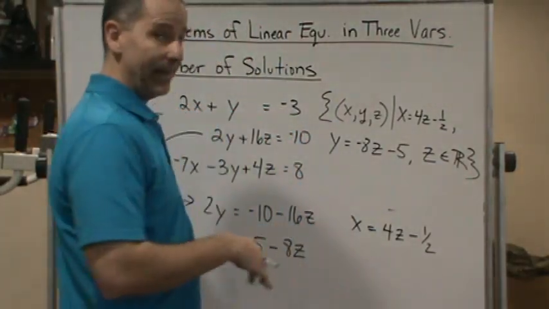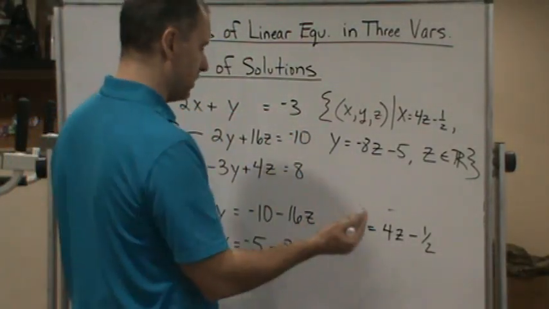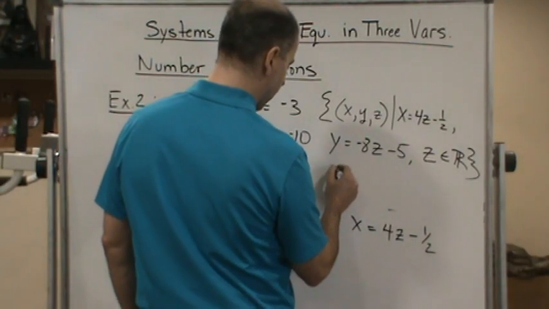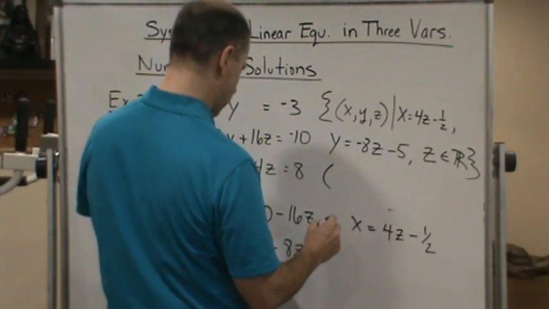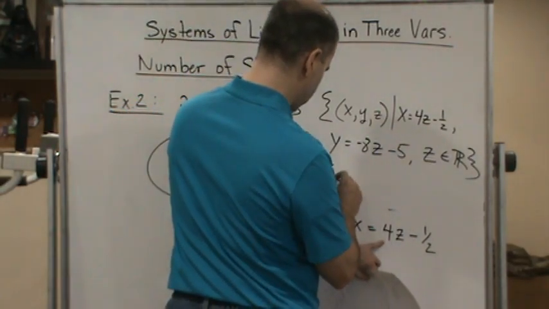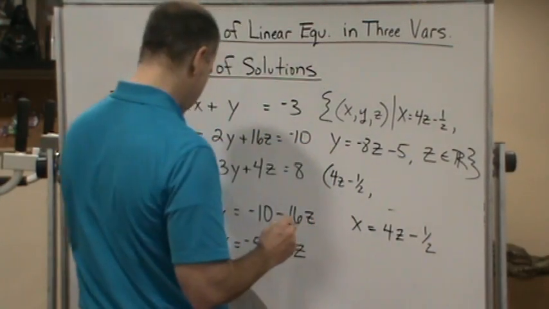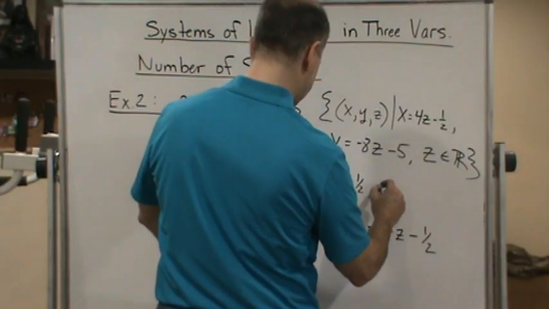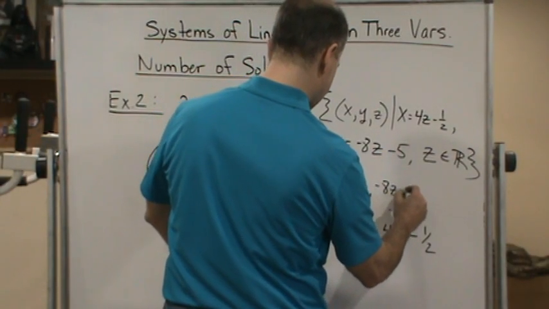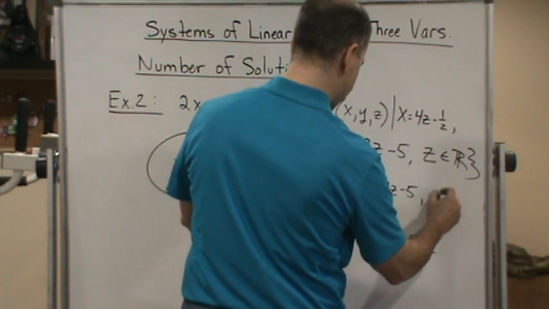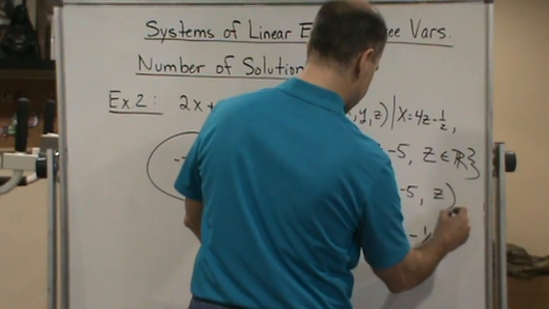Now if I wanted to write it just as an ordered triple to represent the same thing, you could write it this way. The x coordinate would be 4z minus 1/2, comma, the y coordinate would be negative 8z minus 5, and then the third coordinate would just be z.